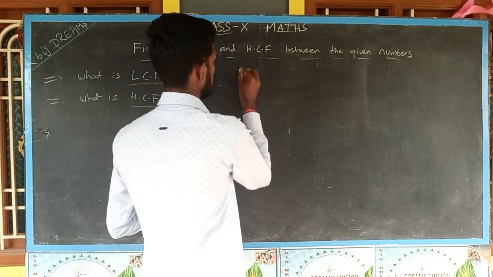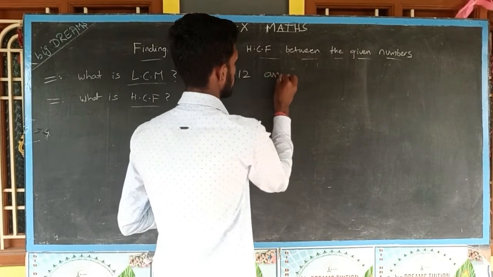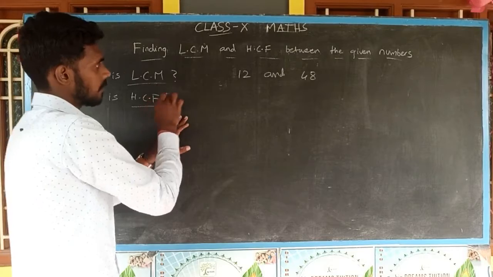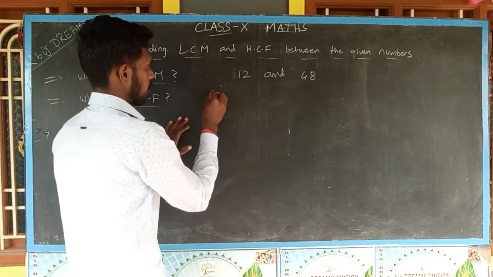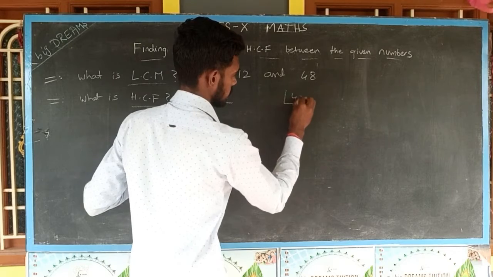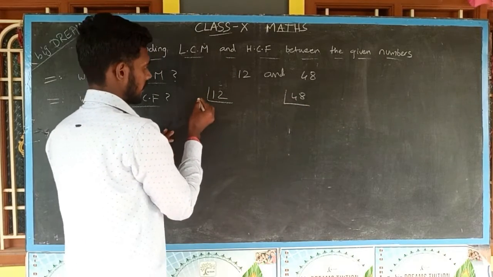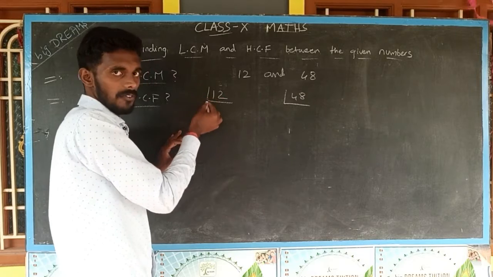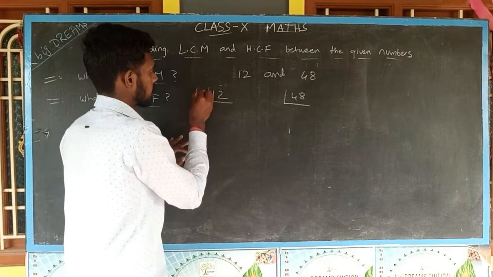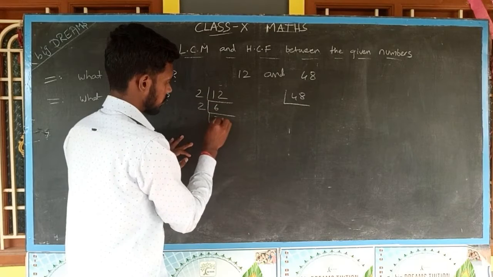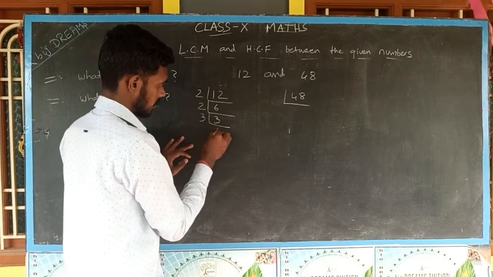For example, take the numbers 12 and 48. I have to find the LCM and HCF between these two numbers. For that, I have to prime factorize the given numbers. What is the prime factorization method? Factorizing the given numbers only with the help of prime factors. 12 by 2 is 6, again by 2 is 3, then by 3 it gives 1.